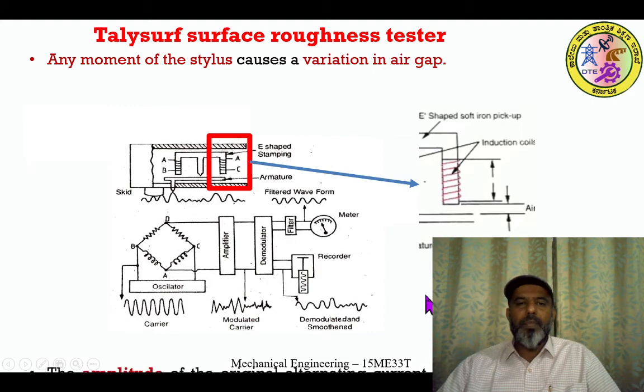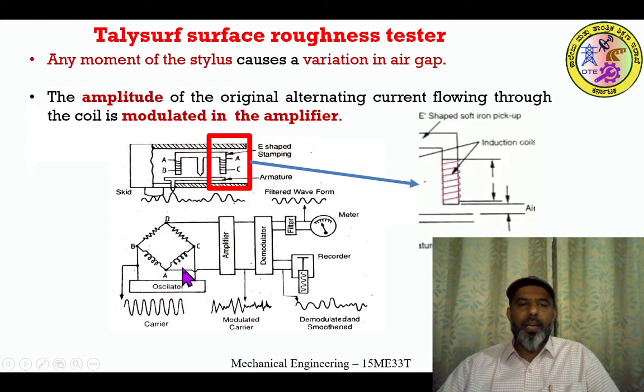And this makes the amplitude of the original alternating current flowing through this coil amplified, and the outcome of the amplifier is modulated. That is, the signals generated from the oscillator are passed into the amplifier, and the output signals coming from the amplifier are called the modulated carriers.